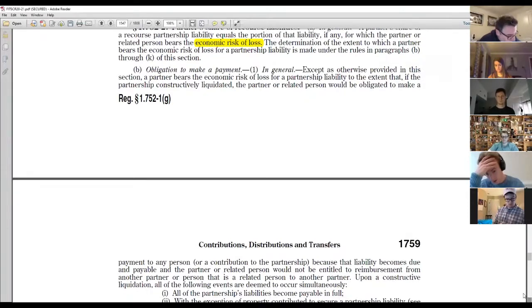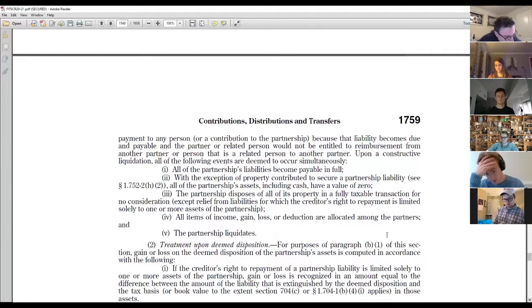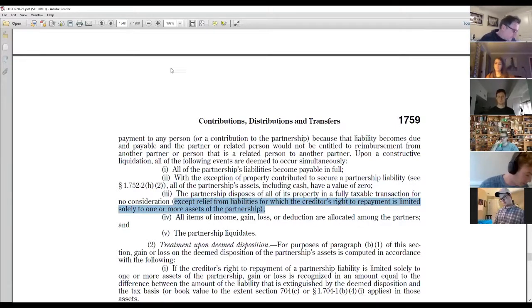We saw this yesterday. Liabilities are due and payable. Everything becomes worthless. The partnership disposes of all of its property in a fully taxable transaction for no consideration, except relief from liabilities for which the creditor's right to repayment is limited solely to one or more assets. So that describes us, that parenthetical, because that building is secured by the non-recourse loan. So we're not going to dispose of it for no consideration.